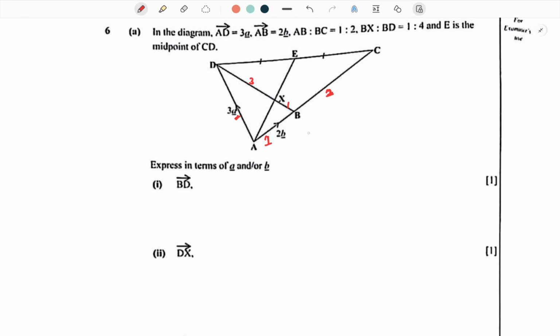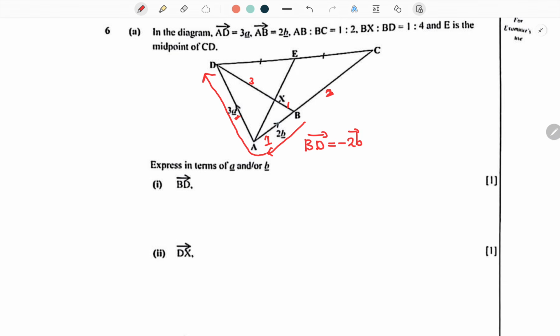Let's calculate BD. So BD vector, we are coming from B and going to D. So this is going to equal minus 2b vector.